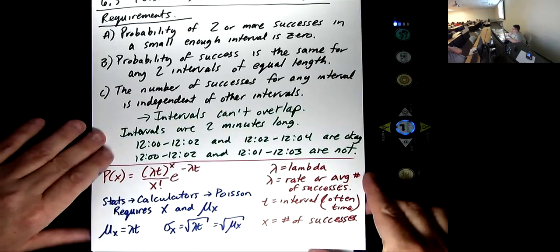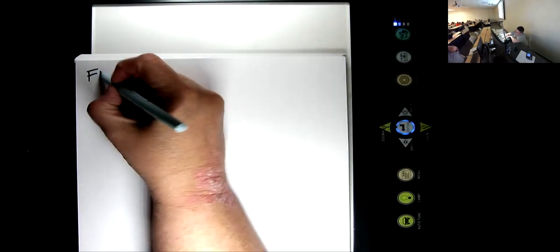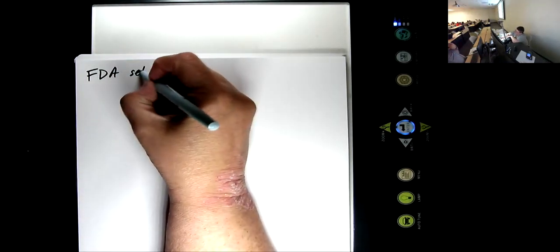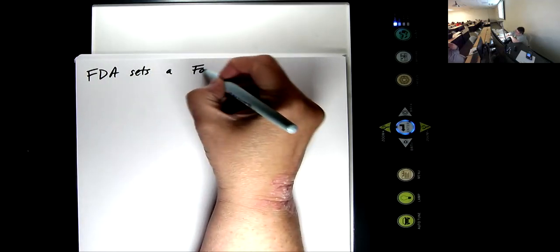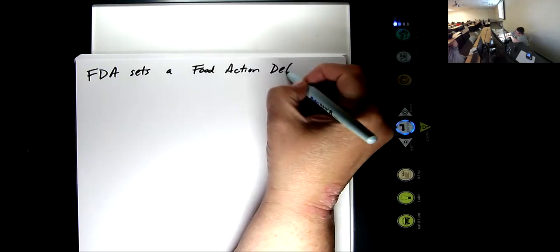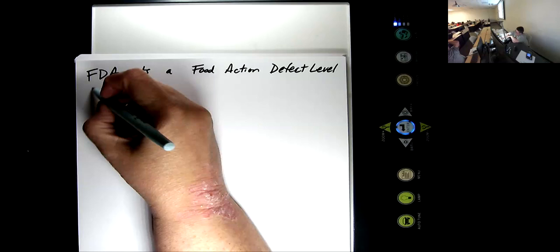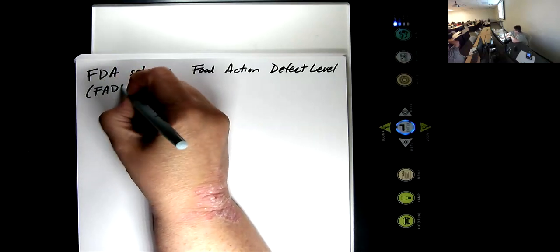All right, let's look at the example. Everyone ready for the example now? All right. So the FDA sets a food action defect level, abbreviated FADL.